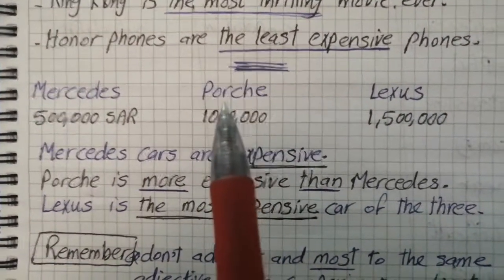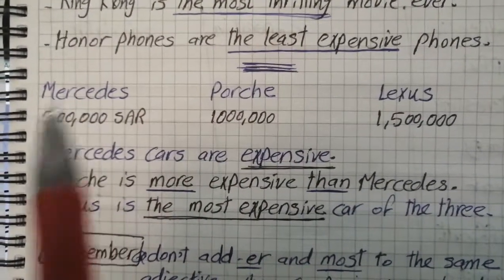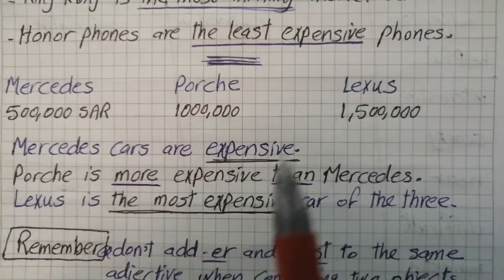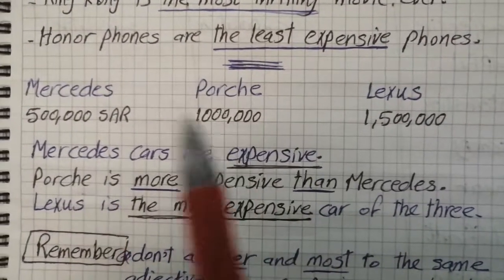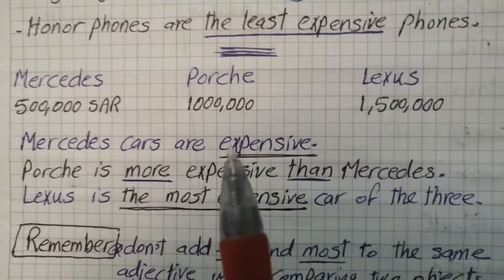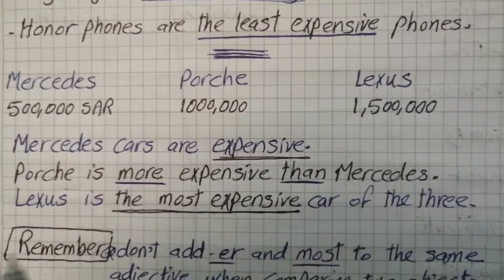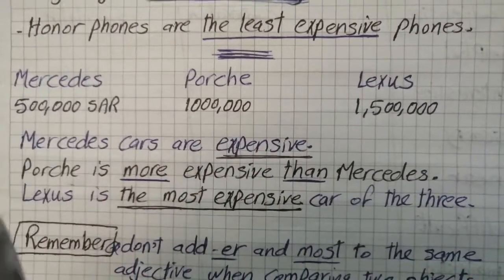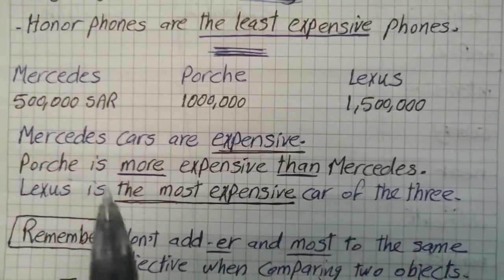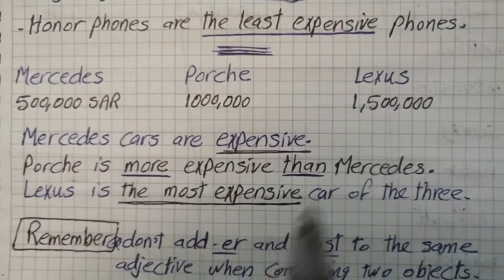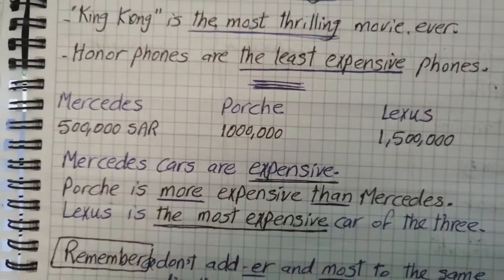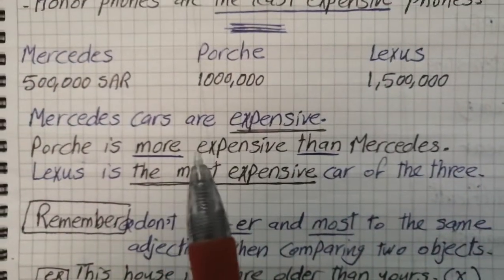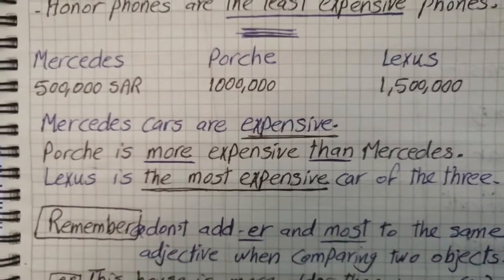But if I'm comparing a Porsche to a Mercedes, Porsche is more expensive than Mercedes if you look at the amount of money for both of them. So, more expensive than. But if I'm comparing Lexus to the other two, it will be: Lexus is the most expensive car of the three. Just because I'm saying of the three, I use the superlative, the most expensive.